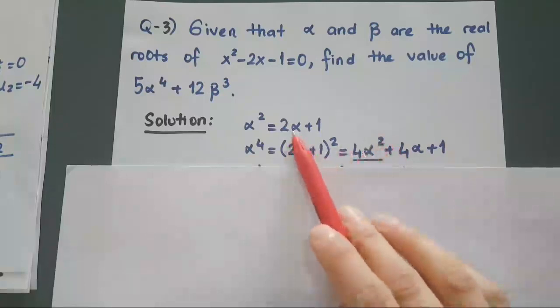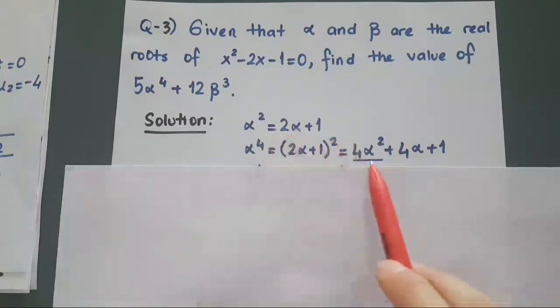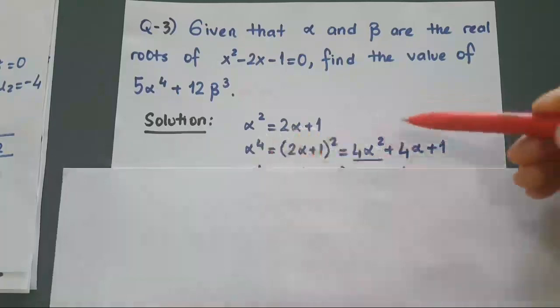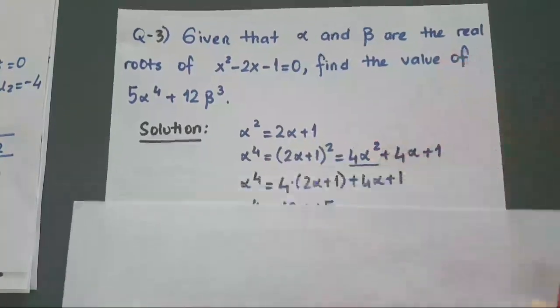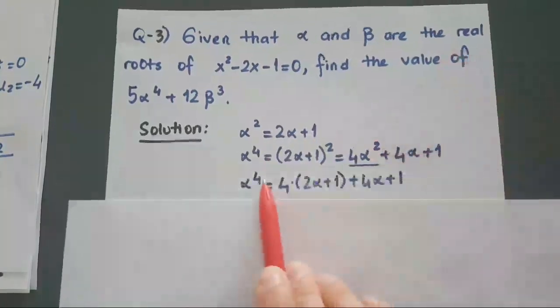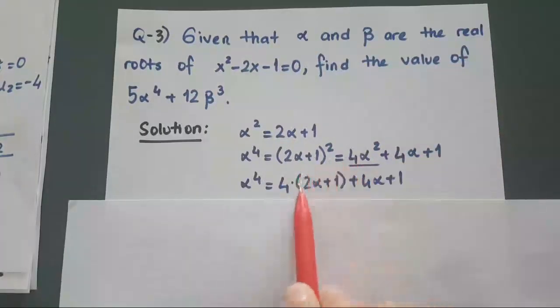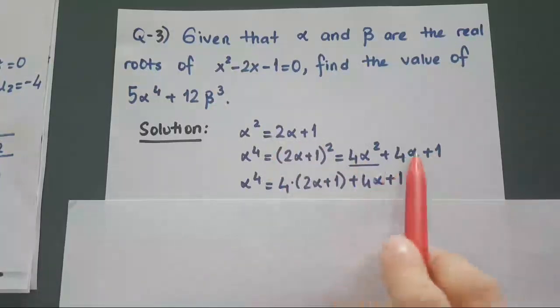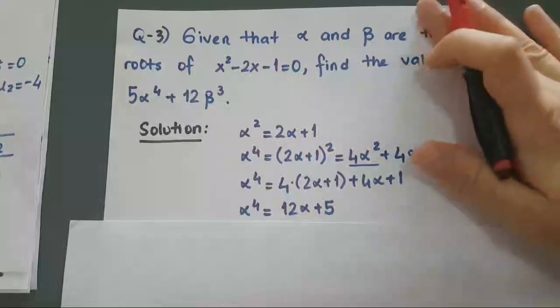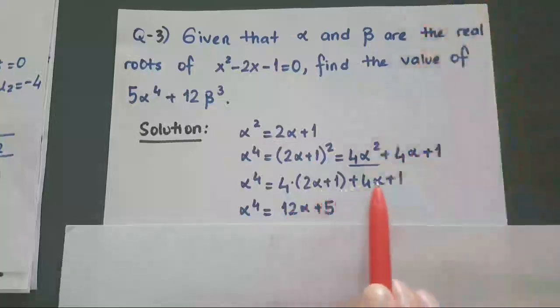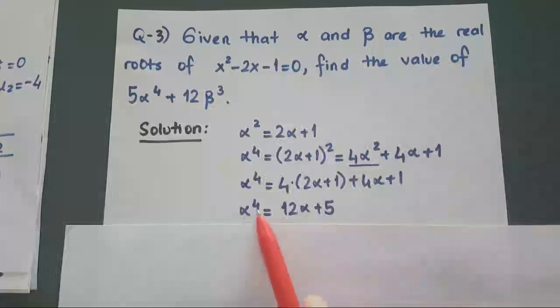Did I get how much alpha squared in terms of alpha? Yep. The first one is alpha squared is equal to 2 alpha plus 1. So let me substitute it here. Alpha to the power of 4 is equal to 4 times 2 alpha plus 1 plus 4 alpha plus 1. When you multiply 4 by 2 alpha plus 1 and add it to 4 alpha plus 1, you will get alpha to the power of 4 is equal to 12 alpha plus 5.